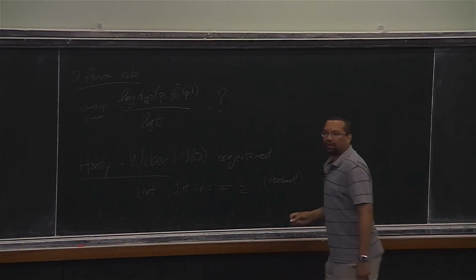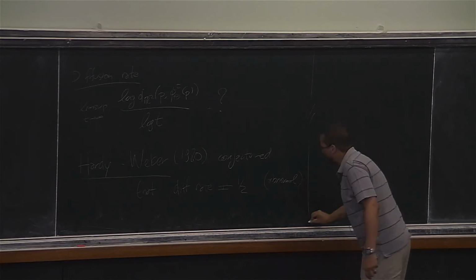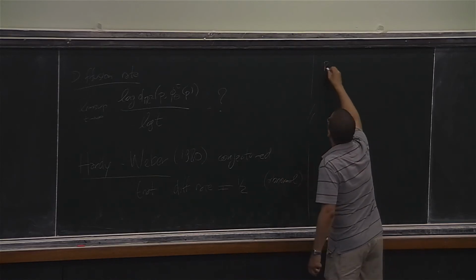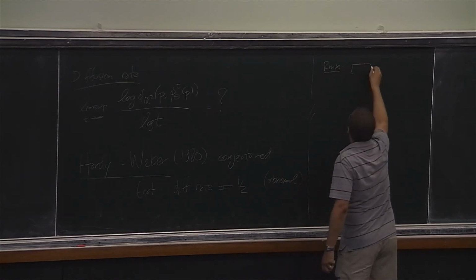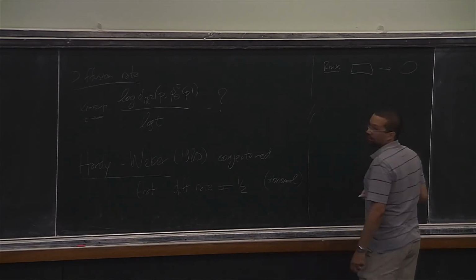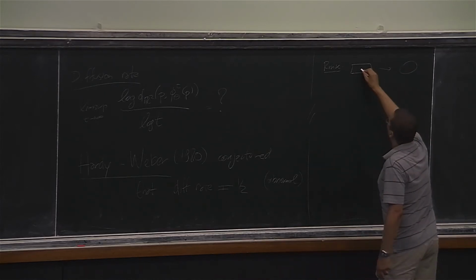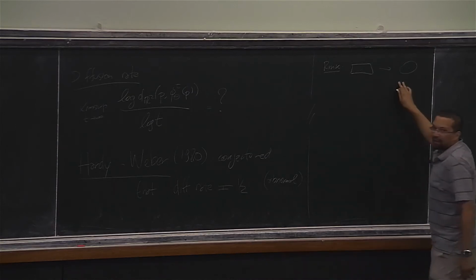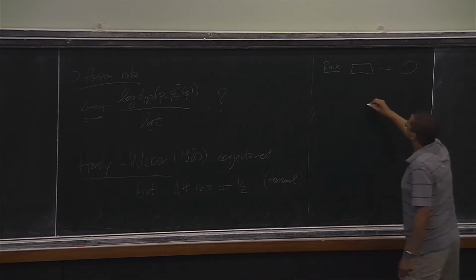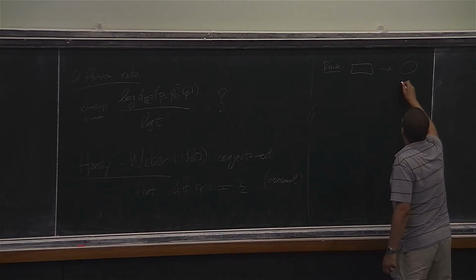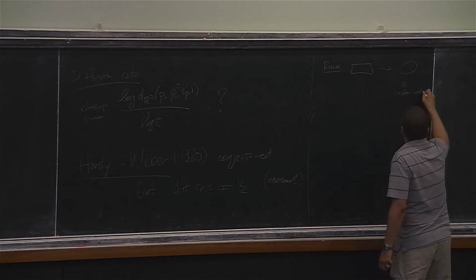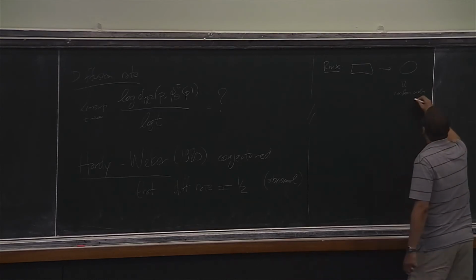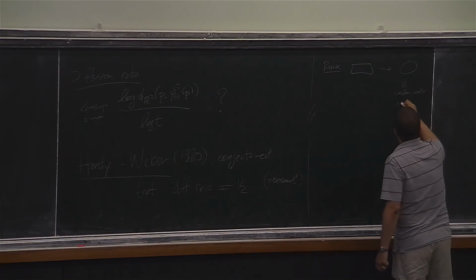Why abnormal? Because, remark, if you replace rectangles by circles, then the billiard becomes chaotic. So the billiard becomes close to a random walk, or sort of Brownian motion, or it becomes chaotic from the point of view of dynamical systems.